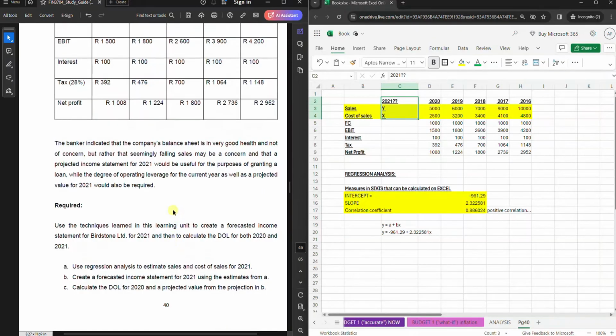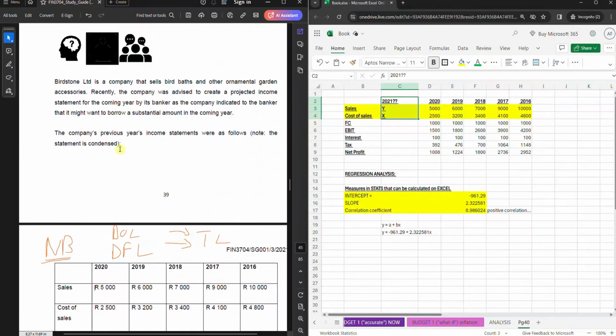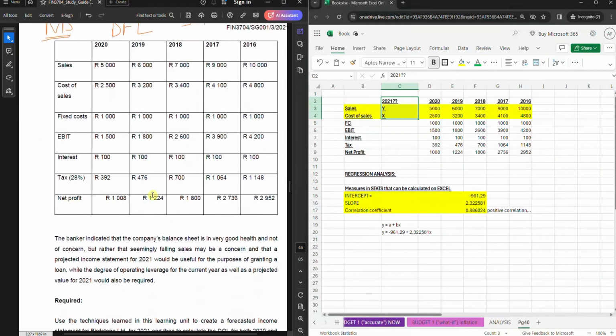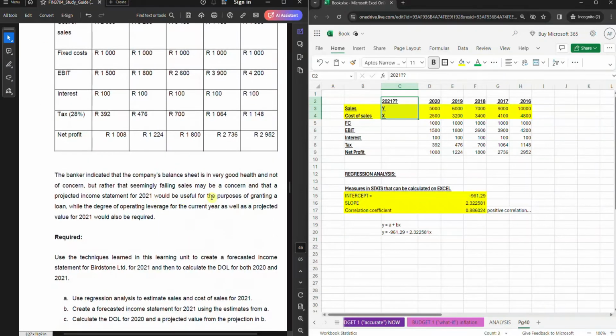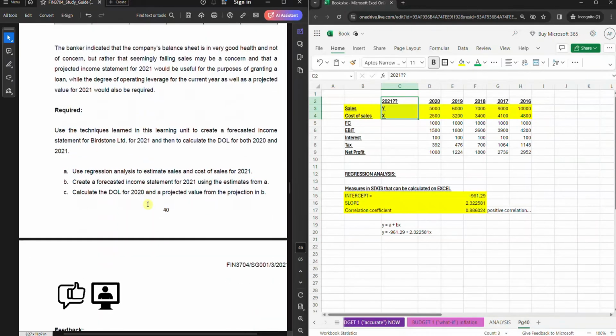Do they give you any projection here for the costs? What do they say here? They must give you some sort of projection for the costs, because we can't just thumbsuck a figure. They don't mention anything there.